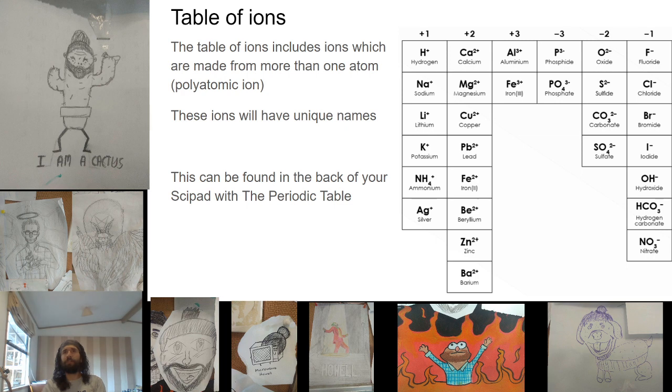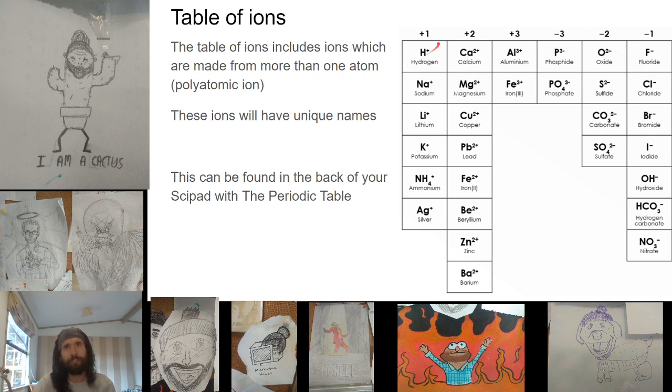At the back of your periodic table, so at the back of your Scipad and your periodic table, you'll have this thing. It's called a table of ions. And this shows you what ion each element forms.